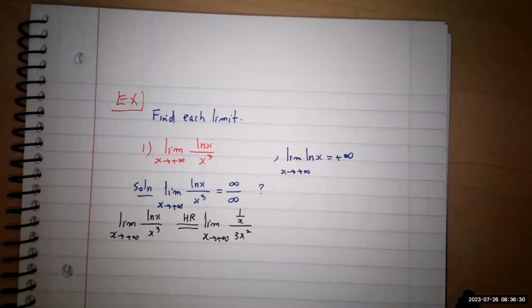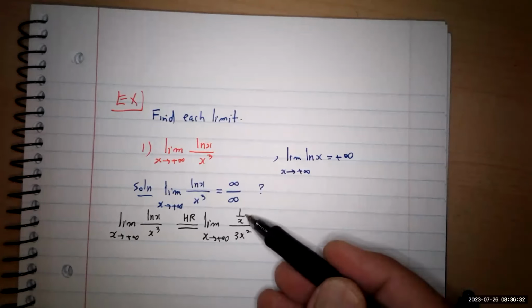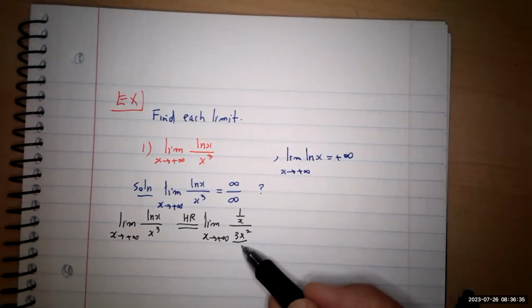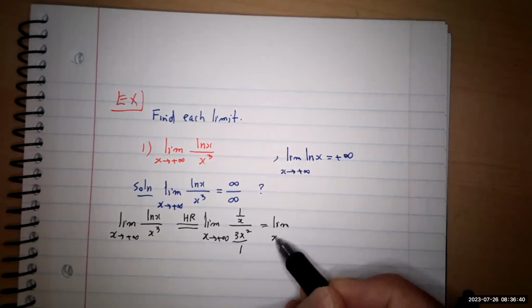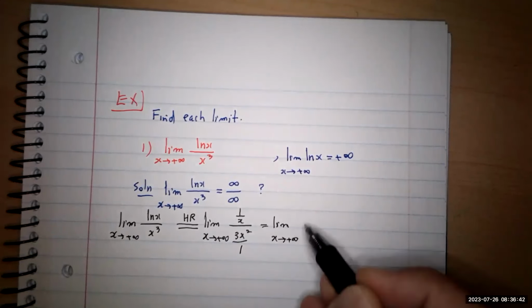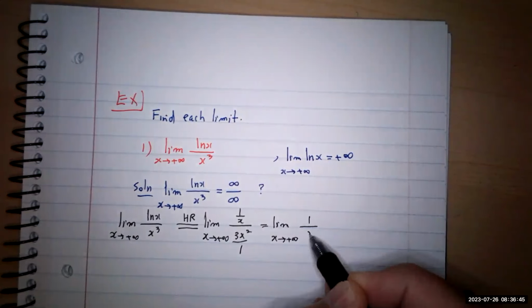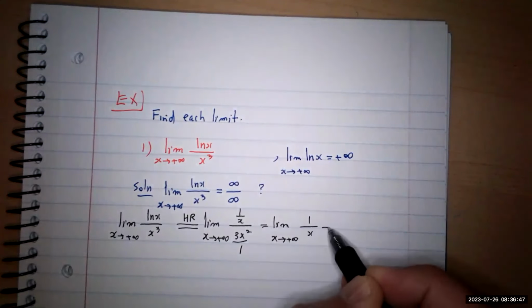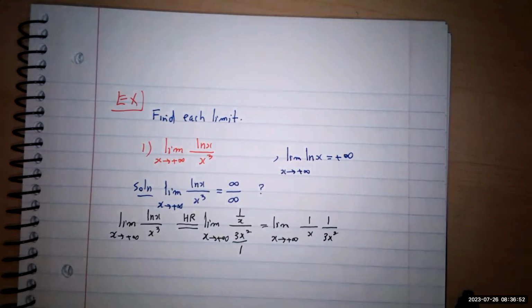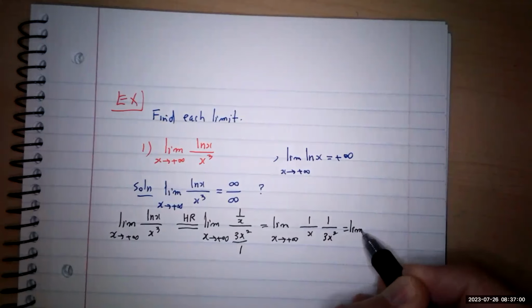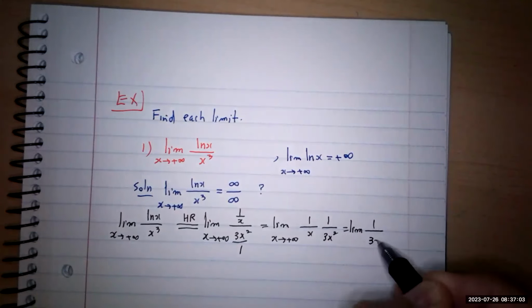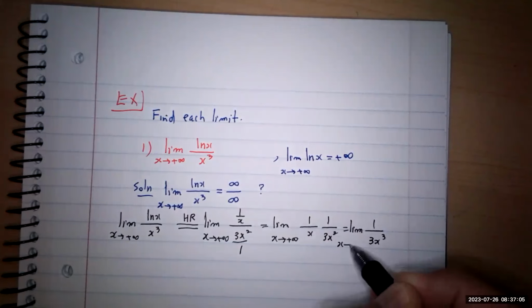Now you simplify it. It's like dividing two fractions. In the bottom, you may think about this one, 3x squared over 1. So it's going to be equal to the limit of x goes to positive infinity. The top one, 1 over x, times the reciprocal of the bottom one. Reciprocal of the bottom one would be 1 over 3x squared. Okay, so this is going to be equal to the limit of 1 over 3x cubed when x goes to positive infinity.